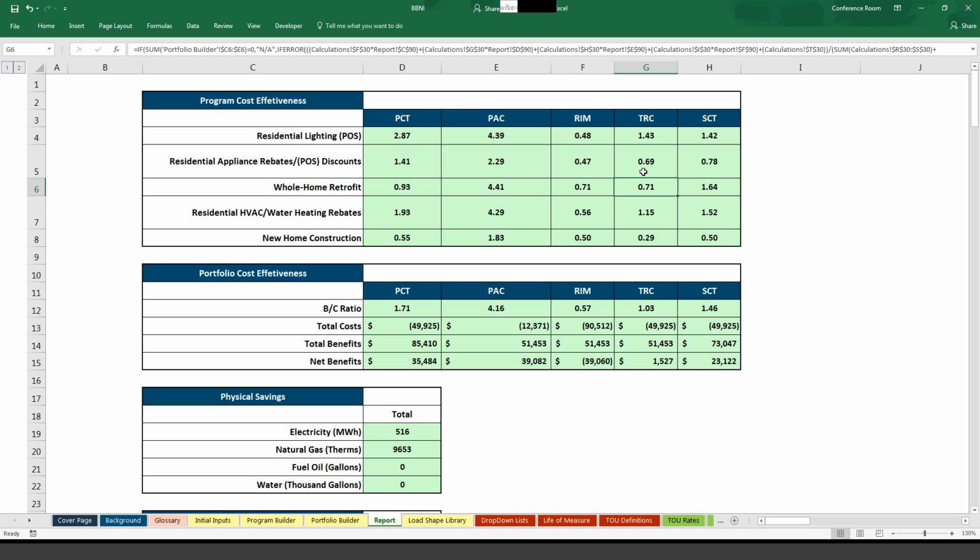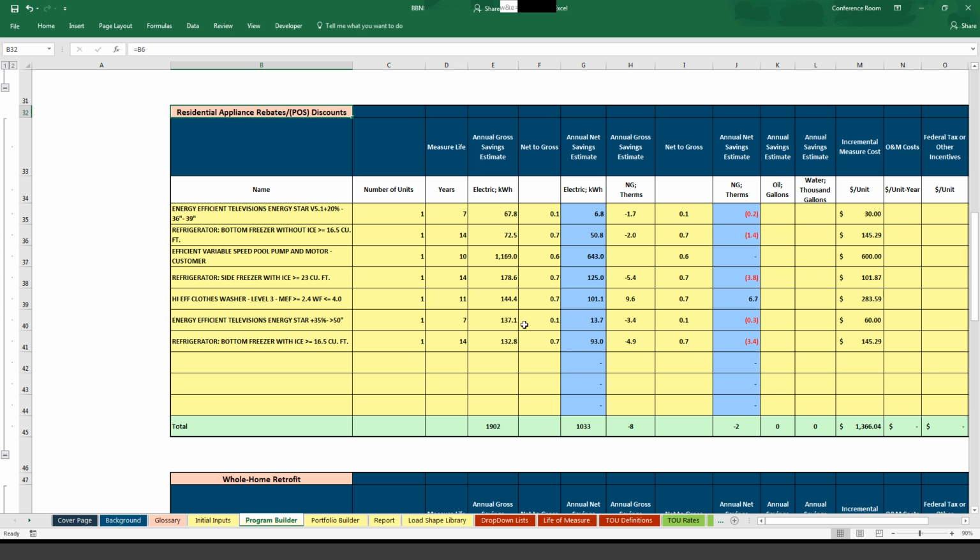So we have two programs here which are below one. One way to try and design a better program is simply eliminate ones that aren't cost effective or add more ones that are.